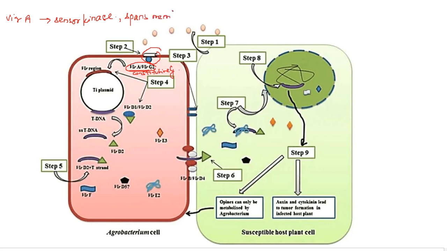It spans the bacterial membrane, the Agrobacterial membrane, and this vir-A is a receptor. Receptors for what? Receptors for these molecules. What are these molecules? They are phenolic compounds. What is the name of this phenolic compound? It is acetosyringone.